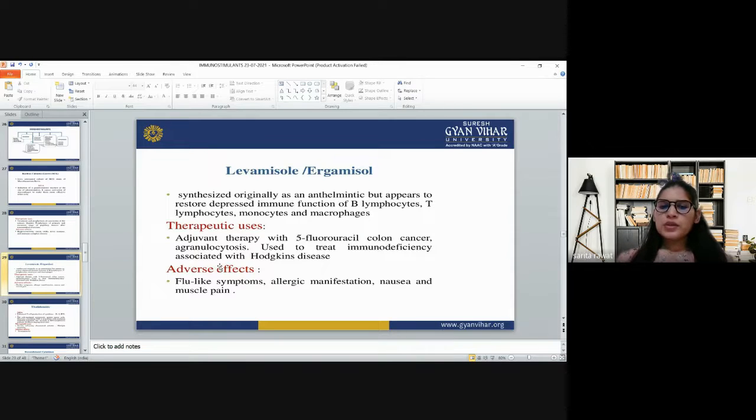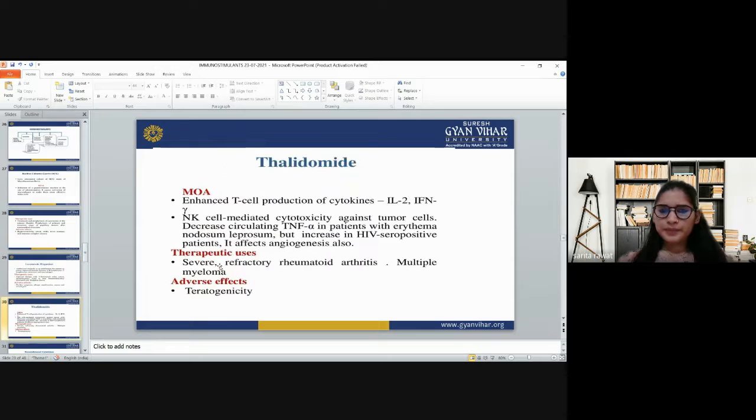Therapeutic use includes adjuvant therapy with 5-fluorouracil in colon cancer, and it is used to treat immunodeficiency associated with Hodgkin's disease. Adverse effects include flu-like symptoms, allergic manifestations, nausea, and muscle pain.